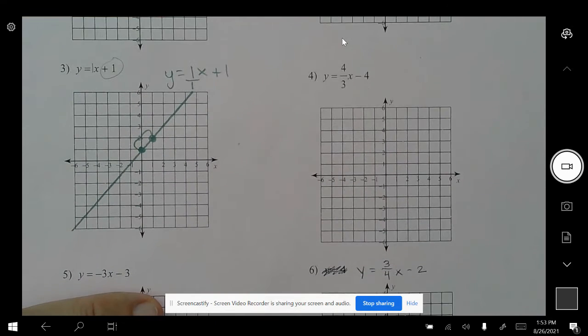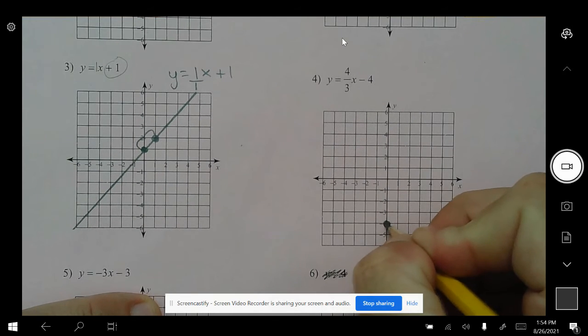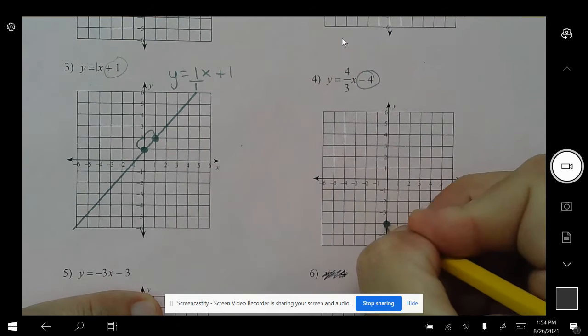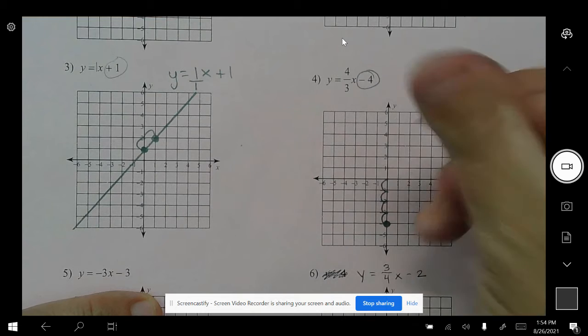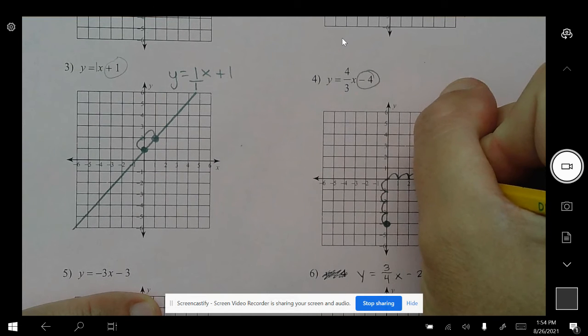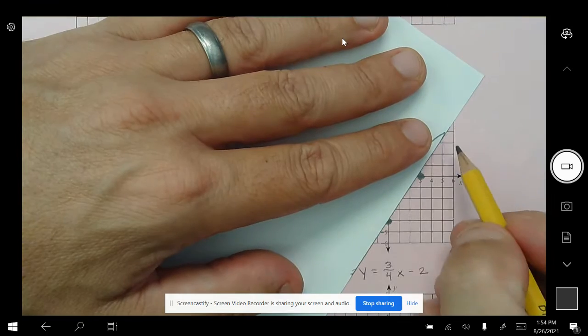All right, number 4. I'm going to start with -4. Okay? Right here. And I'm going to rise 1, 2, 3, 4, and run 1, 2, 3. Rise 4, run 3.